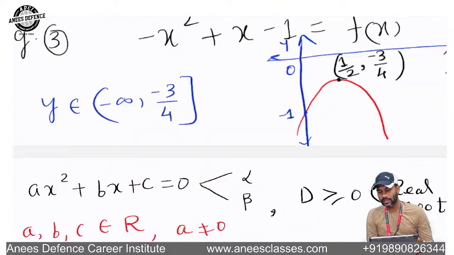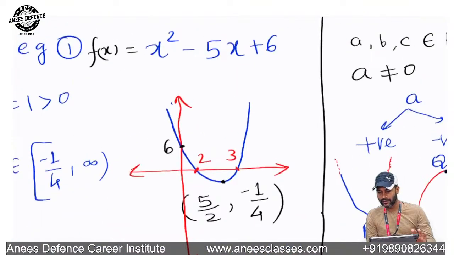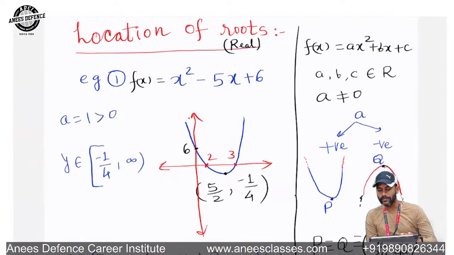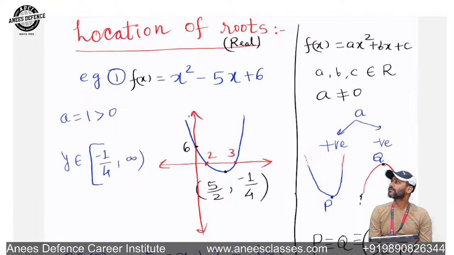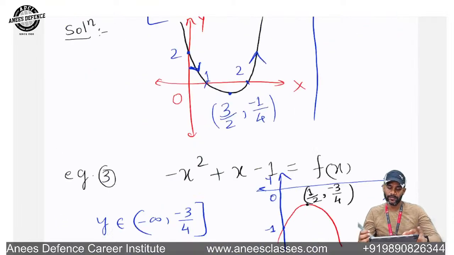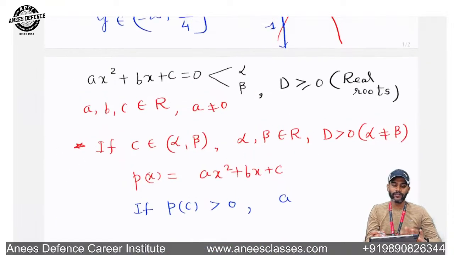Students, just try to observe these two graphs. These are the two graphs. If a is positive, then it is an upward parabola. If a is negative, then it is a downward parabola. It is very easy.